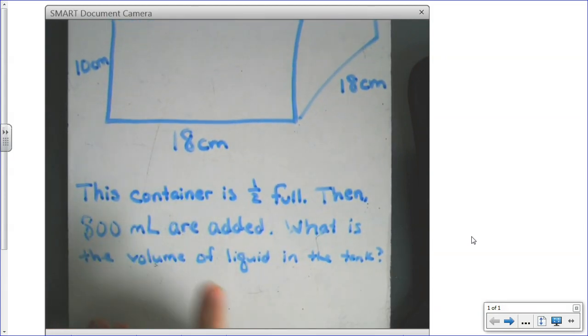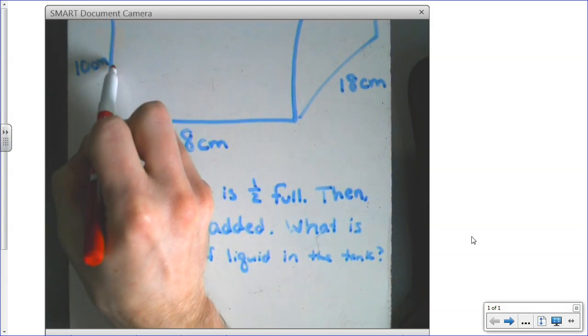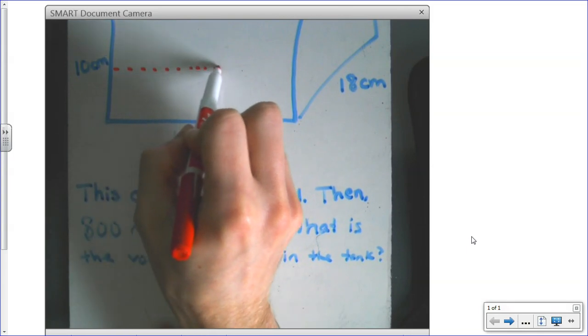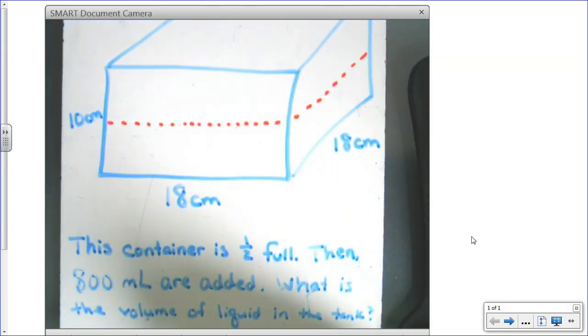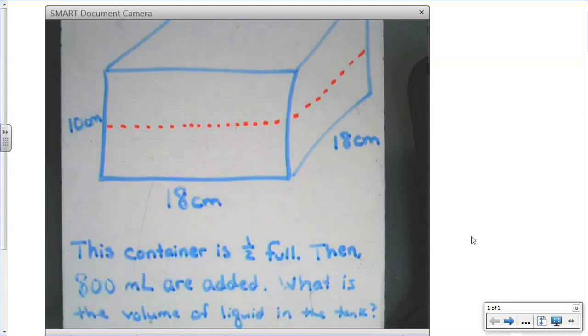Now, the problem says this container is half full. So I'm going to draw that in as a dotted line very quickly. And I'm going to say this container is half full. I'm going to stop right there because I want to be thinking, okay, how much water do I have in this container?